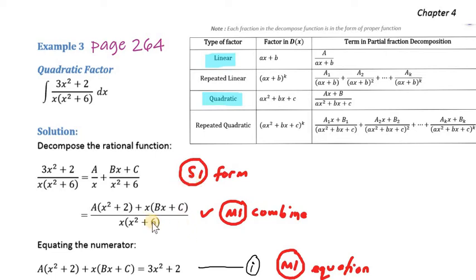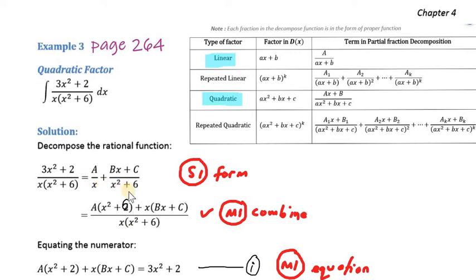And then in order to solve for a, b and c, we need to get an equation. How do we get this equation? We combine these two fractions so that we can compare the numerator value. So a times x squared plus 6, there's supposed to be a 6 there, and x times bx plus c.